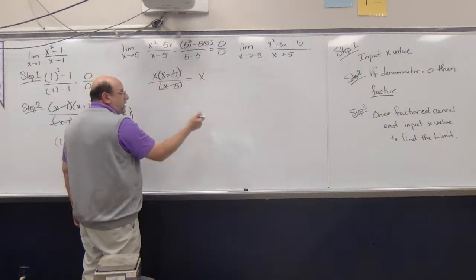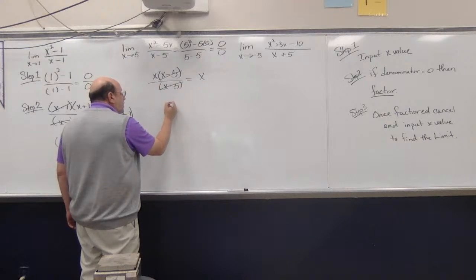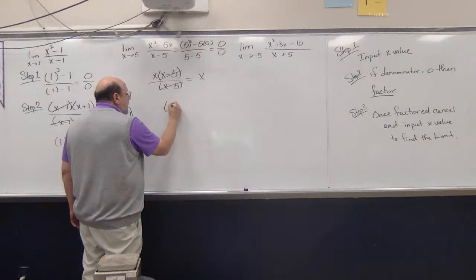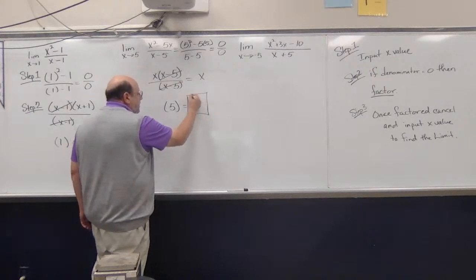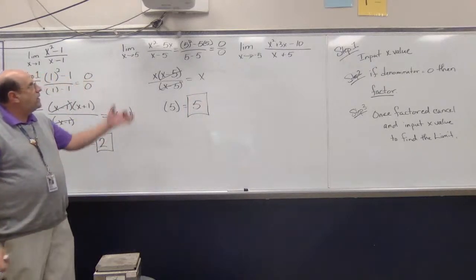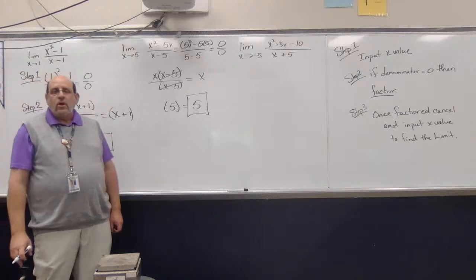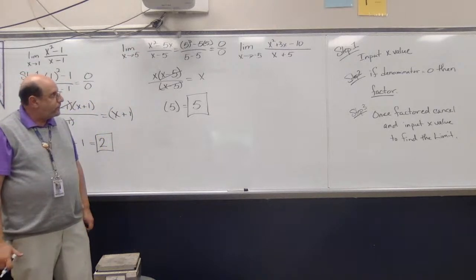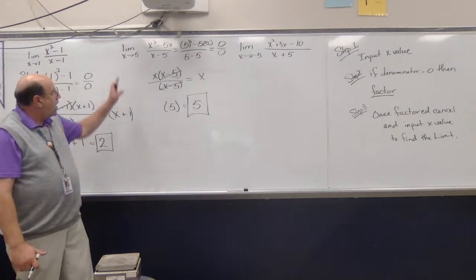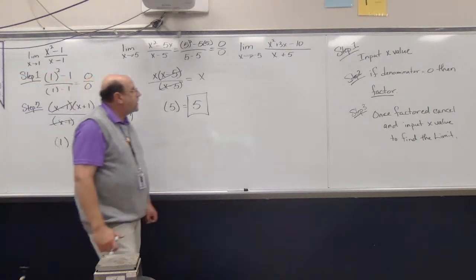And the last step there is go ahead and input that value for x. And what do I get? 5 is my limit. Okay, and again, you would see a hole. If you looked at the graph, it would be a straight line with a hole at x equals 5.